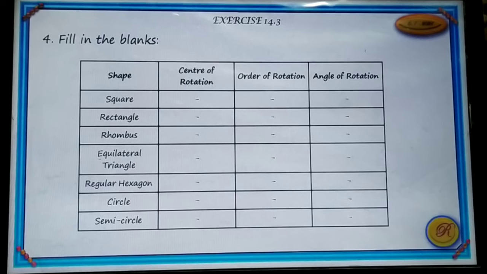Fourth question. Fill in the blanks. Shapes are given: square, rectangle, rhombus, equilateral triangle, regular hexagon, circle, semicircle. Asked to fill corresponding center of rotation, order of rotation, and angle of rotation.